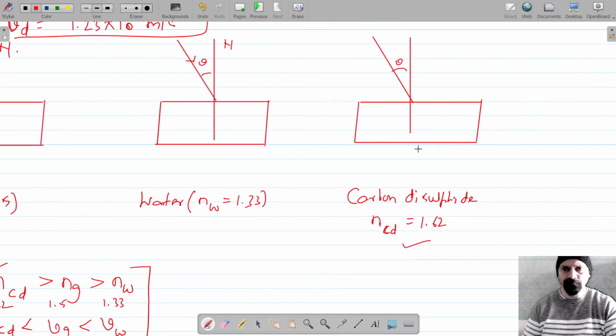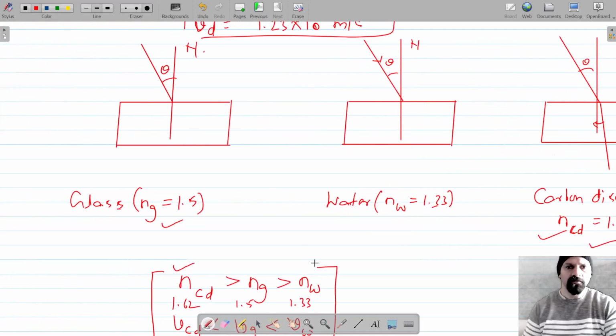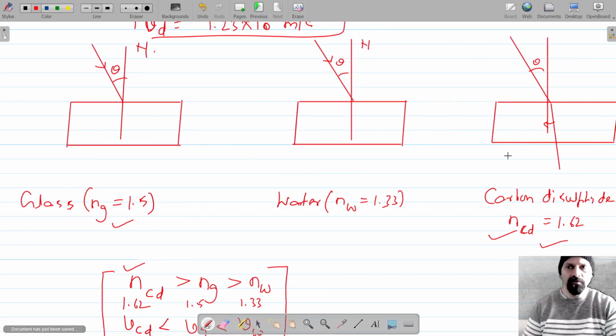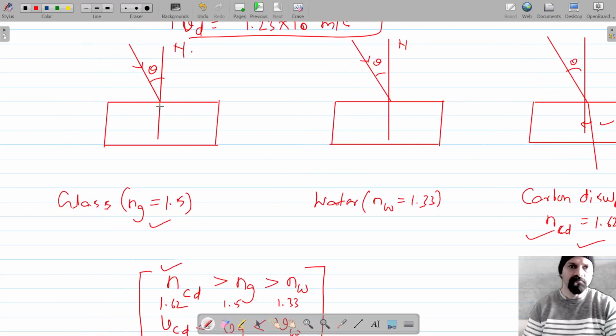Here, in this case, the refractive index is greater, so the ray of light will bend more towards the normal. Let this be the refracting angle. The incident ray will bend towards the normal, but in the next medium it will bend less.